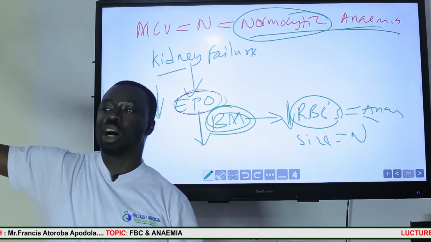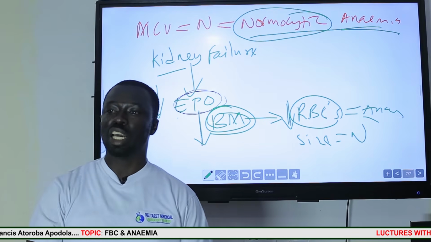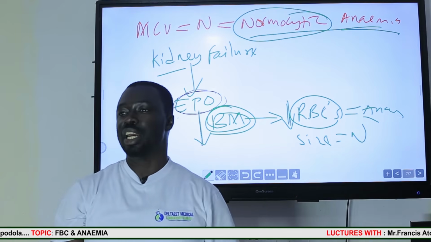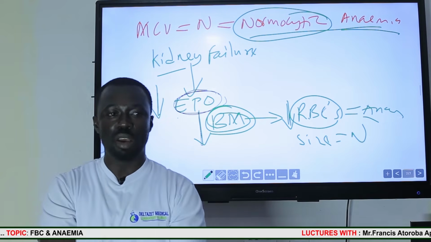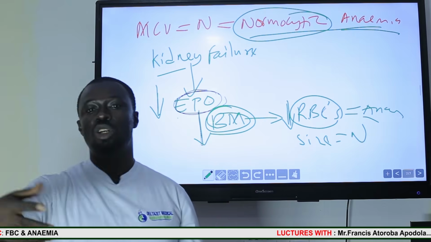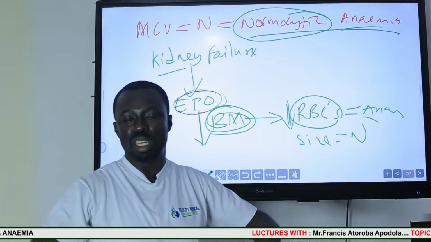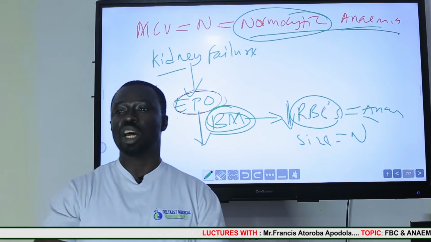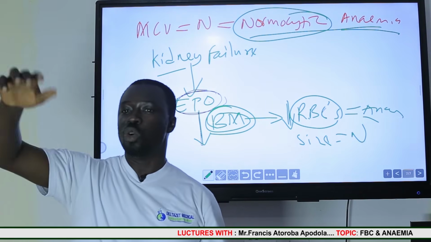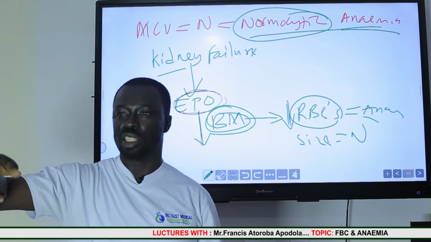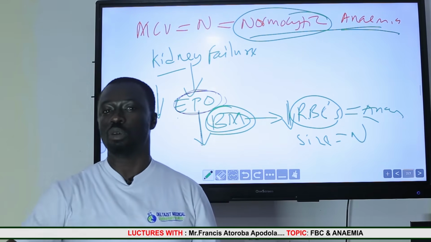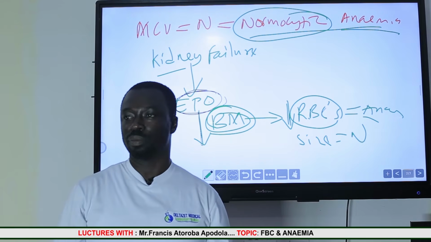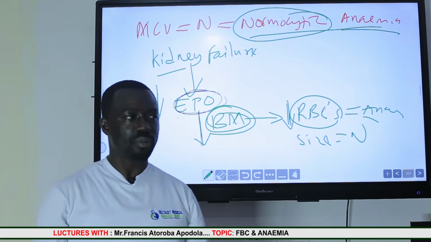It didn't count those that have been destroyed. It only counted after the destruction. What is left is what it has counted, and it says that the RBCs left are low, and that is called anemia. But the available RBCs are actually normal in size, so that is what? Normocytic. So in general, hemolytic anemia mostly will fall under normocytic what? Anemia. Are we here? Good.